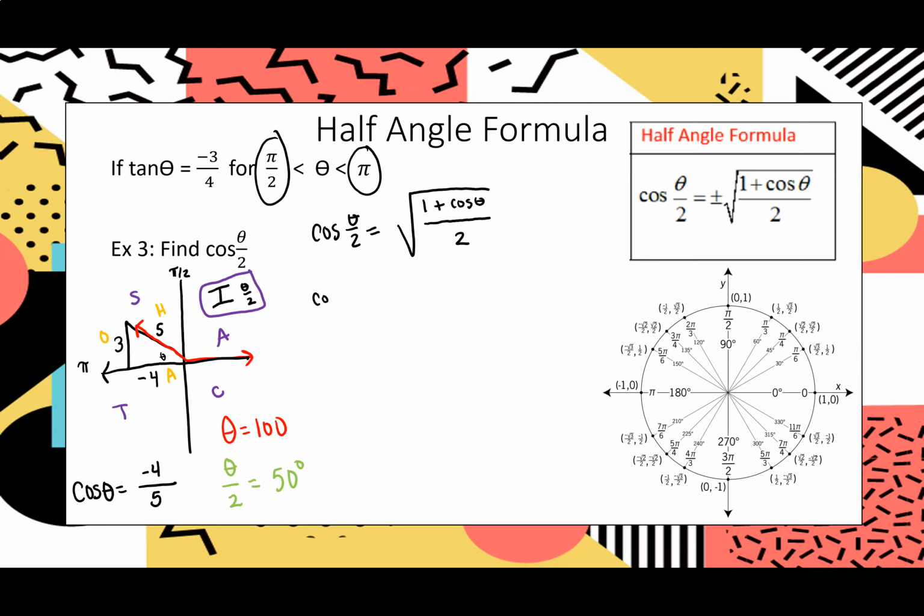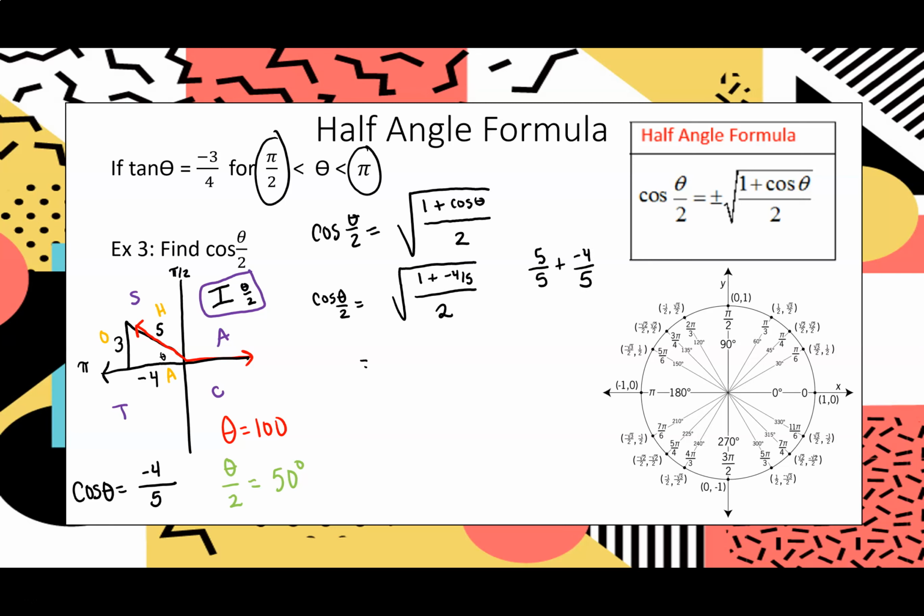So now I'm going to rewrite this as cosine of theta over 2 is equal to the square root of 1 plus a -4 over 5 divided by 2. All right, now let's go ahead and do this math. I'm going to pull this out, and 1 is equal to 5 over 5, and we're adding a -4 over 5.